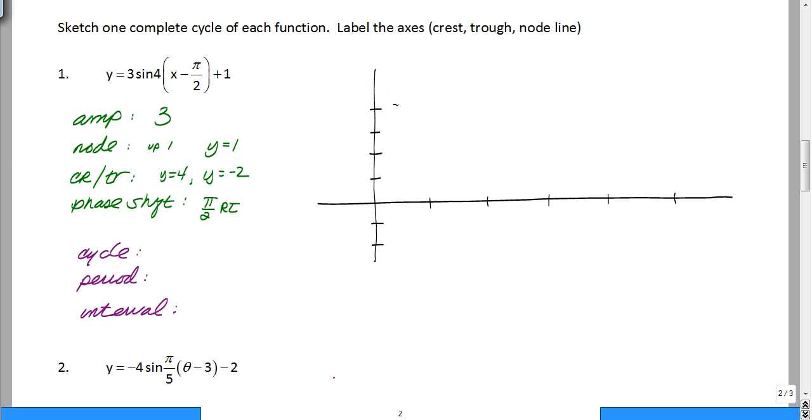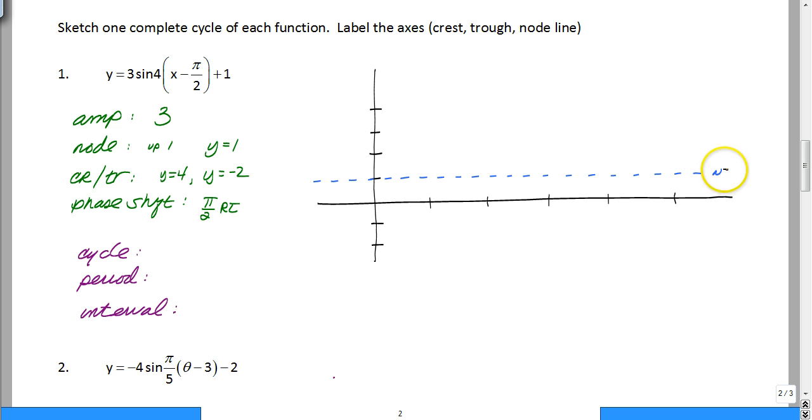Now, I knew that because I knew my crest was 4, my trough is -2. I know I'm starting to the right of this graph, so everything's going to happen to the right. And sometimes if you're shifting to the left, you might need some tick marks to the left. And now what we're going to do is a couple of things. We're going to put a horizontal line at our node.